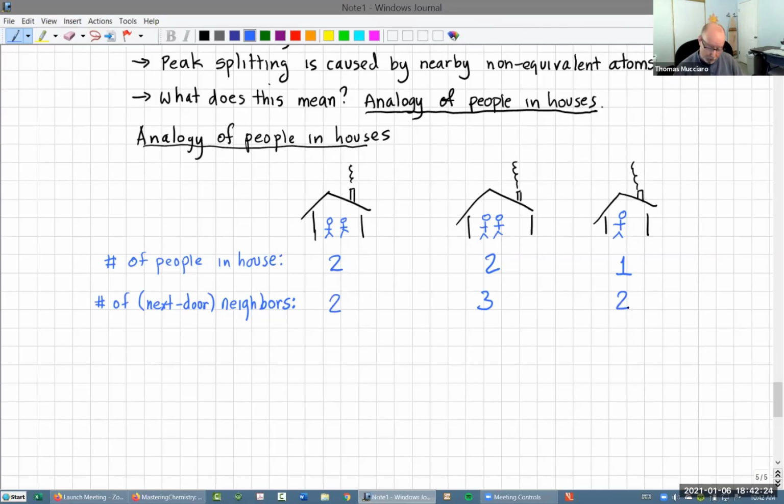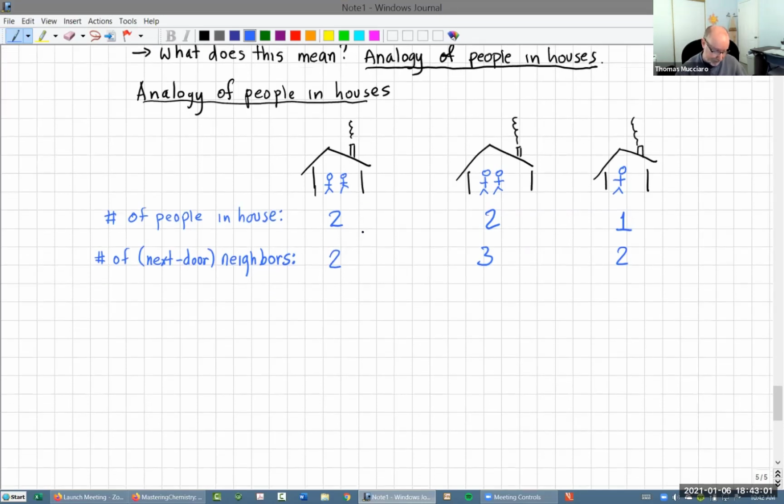Okay? So the number of next door neighbors doesn't depend on how many people are in the house you're looking at, but it really depends on the houses nearby and also their order, like how they're arranged, right? This house here in the middle, because it's got houses on either side, has a different number of neighbors than this house on the end, even though inside these 2 houses, there's the same number of people, right?